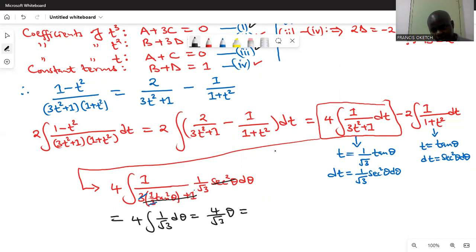And we know theta, we can get it from here. If you make theta the subject, you get theta is tan inverse of root 3t. So this is 4 over root 3 tan inverse of root 3t.